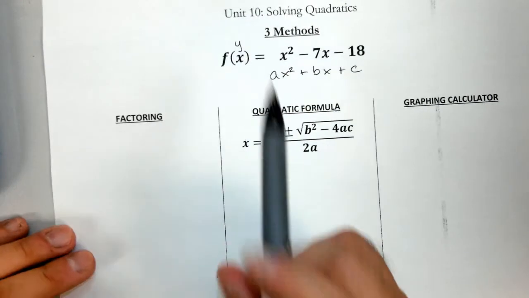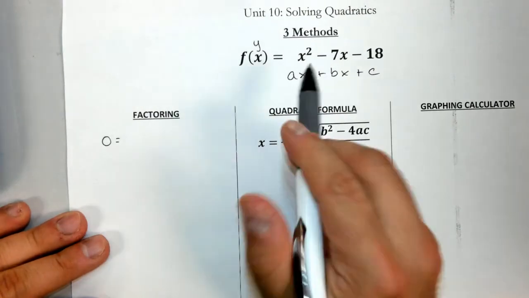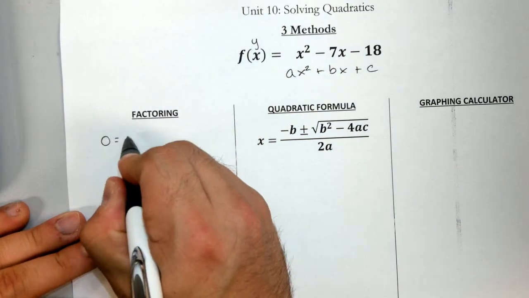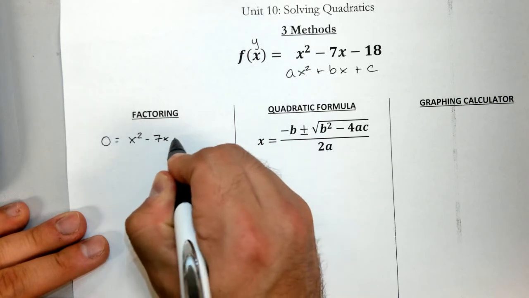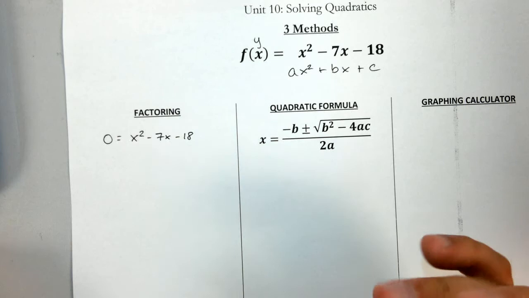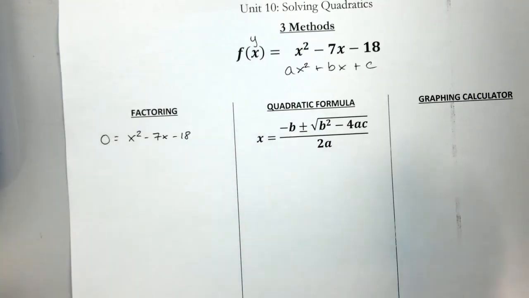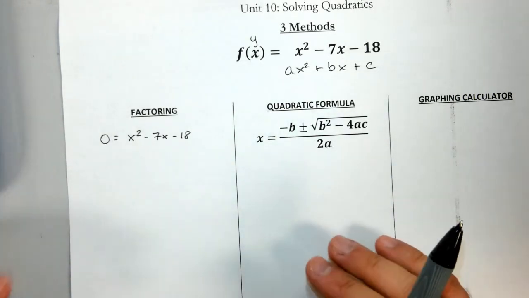So I'm going to write 0 equals x squared minus 7x minus 18. The reason is we're trying to find the numbers that make it 0. They're called zeros, intercepts, solutions, roots. These are all the things that were in the notes before that hopefully you filled out on your own.